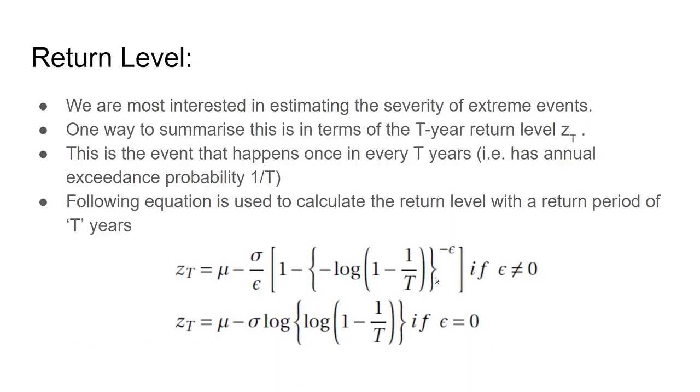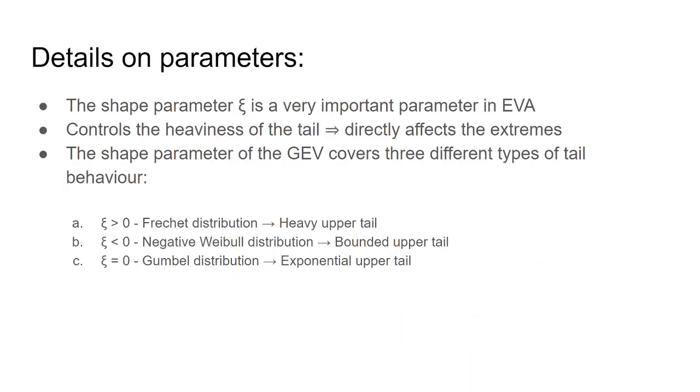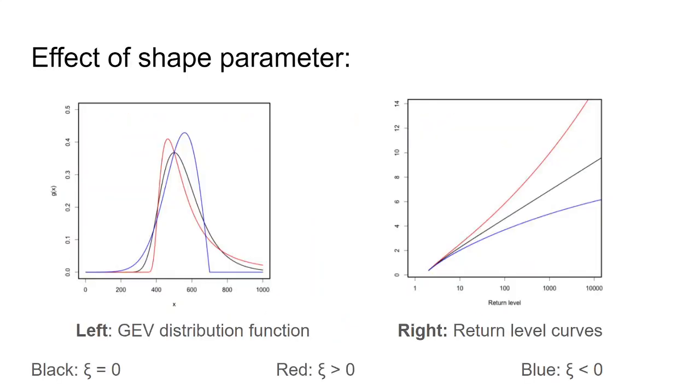Earlier we talked about this shape parameter and how it affects the tail. The black line corresponds to the case when epsilon is 0, the red line corresponds to the case when epsilon is positive, and the blue line corresponds to epsilon less than 0.